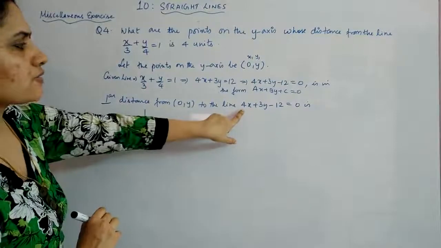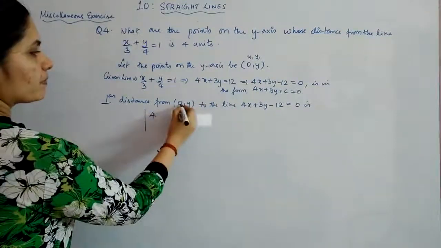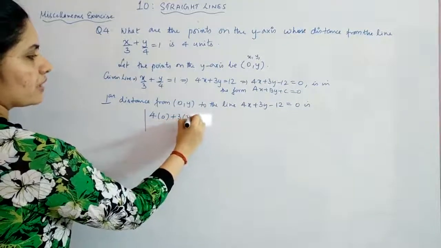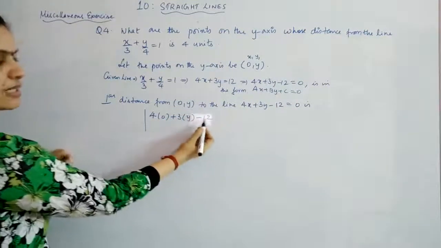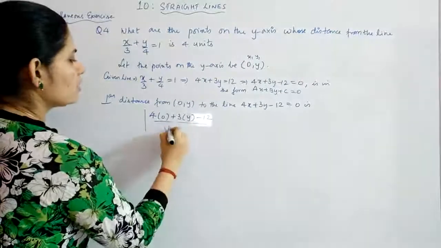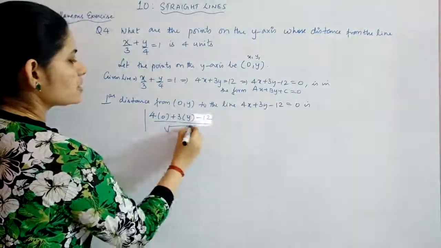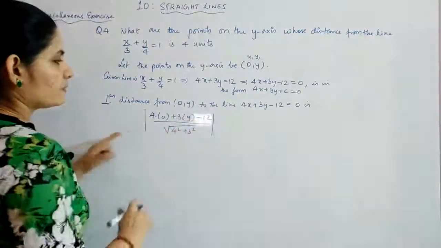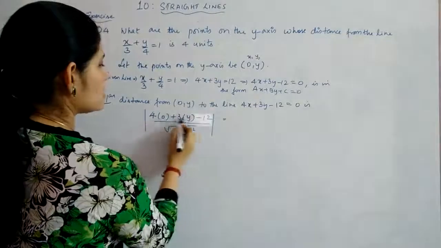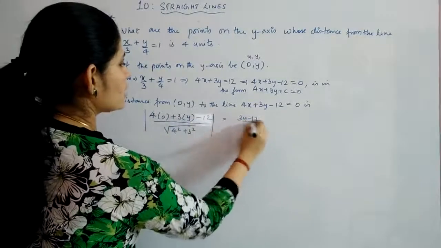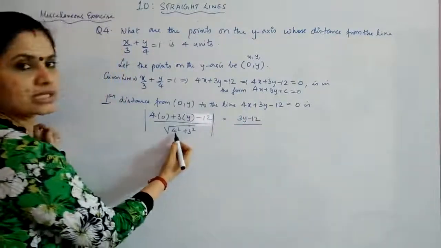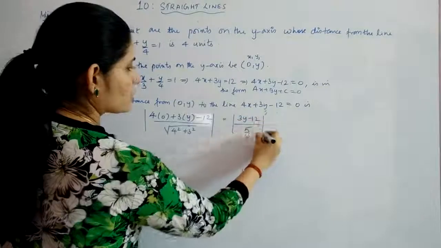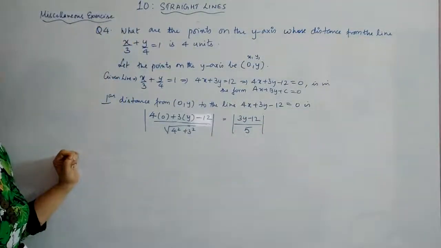So here a stands for 4, and x1 is 0: 4 into 0 plus 3 into y, plus c, which is minus 12, divided by root of 4 square plus 3 square, that is a square plus b square. Here it will be 0, and you will get 3y minus 12 in the numerator, and the denominator is root of 16 plus 9, root of 25, which is 5. Modulus of 3y minus 12 by 5 is the distance.